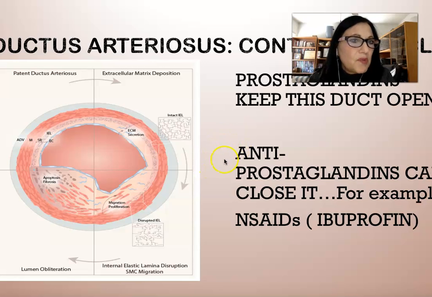So a pregnant woman will go to her OBGYN, and he or she will say, don't take anything that's an antiprostaglandin, and NSAIDs are antiprostaglandins, so ibuprofen is one of those that can actually cause a miscarriage. I'm not a doctor, but this is an example, and that can, because it can close up the smooth muscle, and then the baby doesn't get as much oxygen to their tissues.